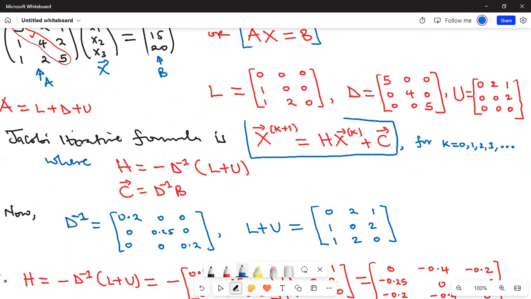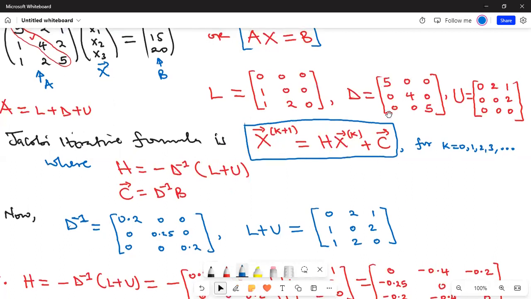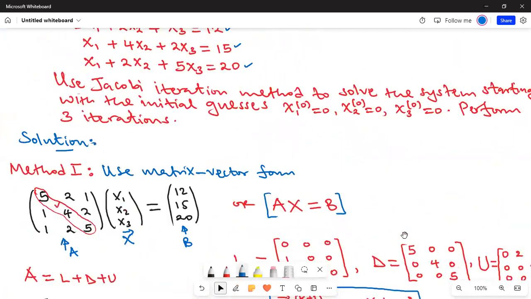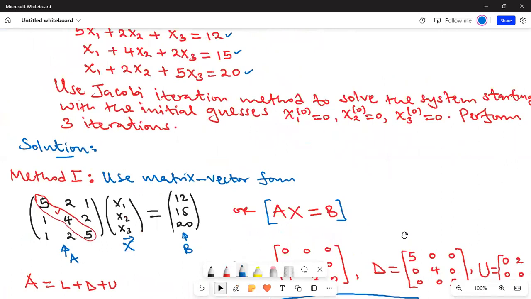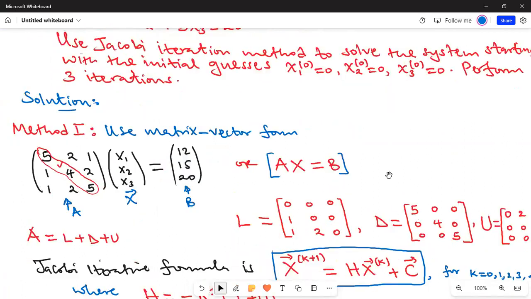Now we have the values of H and C. Let us substitute them, because we are asked to perform 3 iterations. And we also know the initial estimates. This 0 up here is simply the level. So let's go back and now work it out.